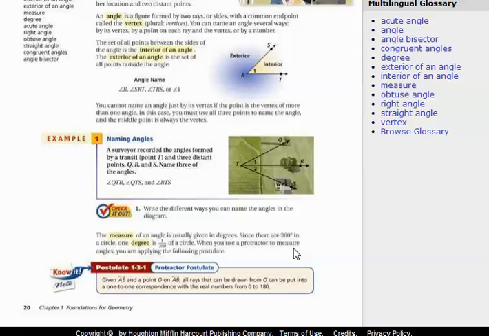So we have a protractor postulate. It says given AB and a point O on AB, all rays that can be drawn from O can be put into a 1-to-1 correspondence with the real numbers from 0 to 180. And so basically it's just looking at a protractor, and it's measuring half of a circle is what a protractor will do.